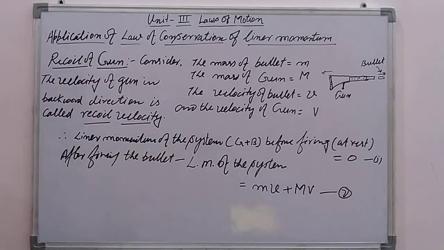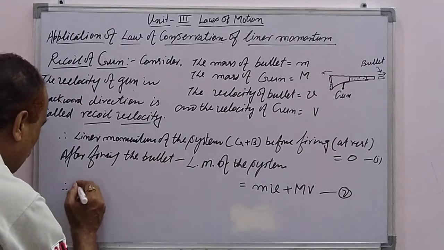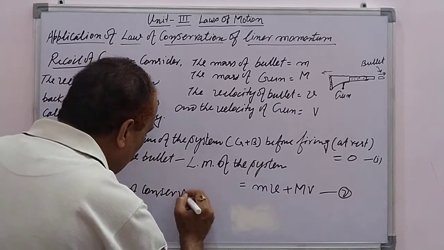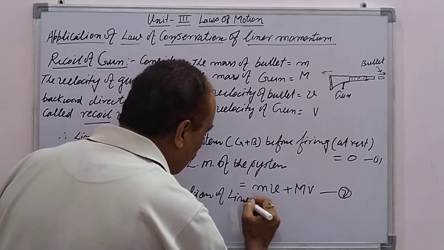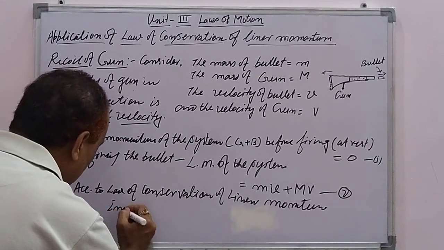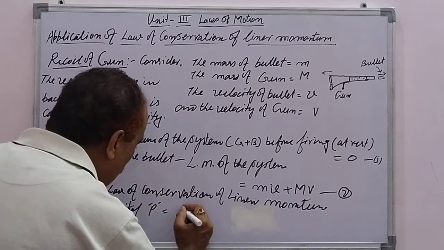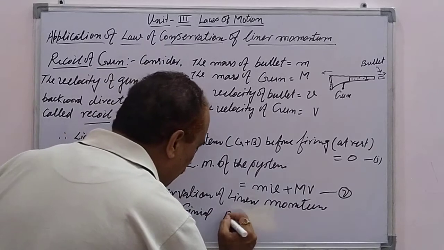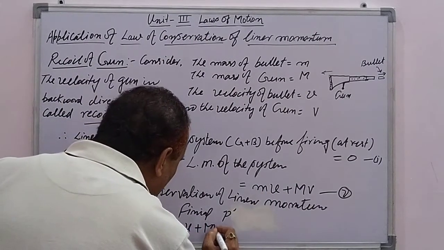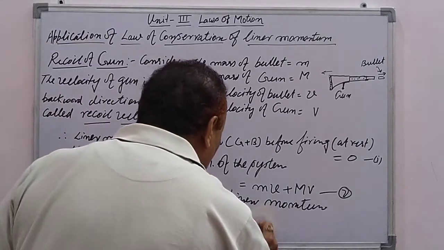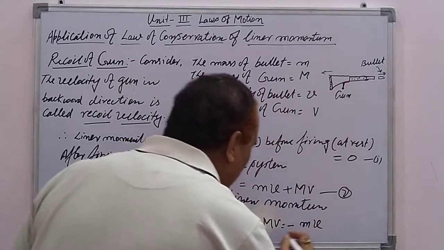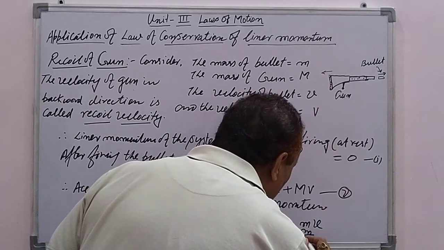According to the law of conservation of linear momentum, the initial momentum P is equal to the final momentum P. The initial momentum is 0, so 0 equals the final momentum from equation number 2, mv plus capital M into capital V. From this equation we can find the value of capital V. So MV equals minus mv, therefore the velocity capital V is equal to minus small m upon capital M into v.